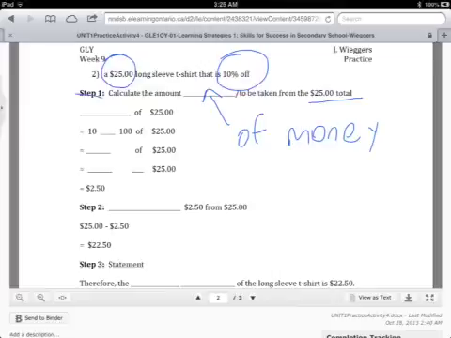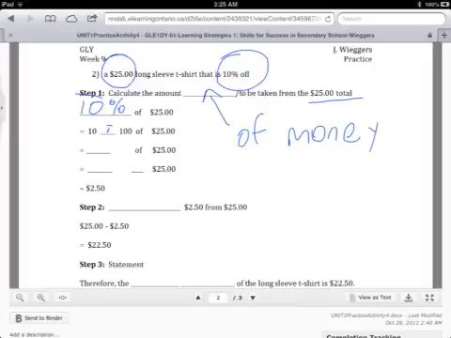So we are going to figure out what 10% of $25 is. That is the same as writing 10 per 100, or, as we learned earlier, 10 divided by 100 of $25.